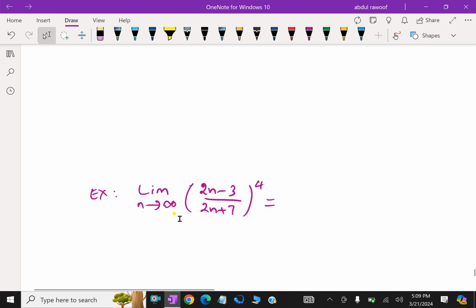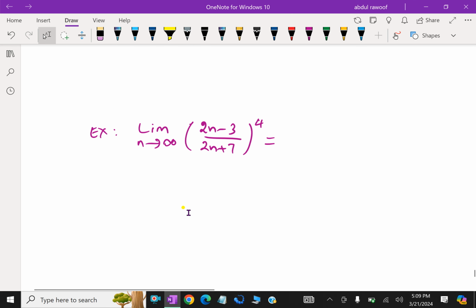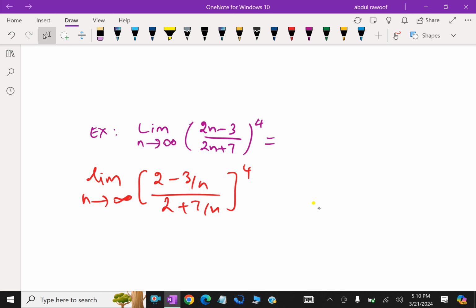One more question. The limit as n tends to infinity of ((2n minus 3) over (2n plus 7)) whole power 4. Here divide throughout inside by n, which gives (2 minus 3 over n) over (2 plus 7 over n), whole power 4.